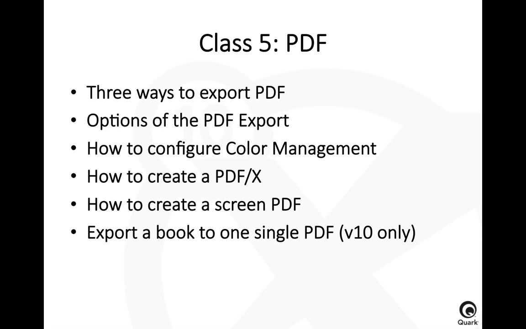We looked at how to create a PDF/X, also out of Distiller, using native transparency with a special job setting. We created a screen PDF, and in QuarkXPress 10 we actually exported a book out of different chapters with different page sizes or orientations into one single PDF, and that last feature was V10 only.